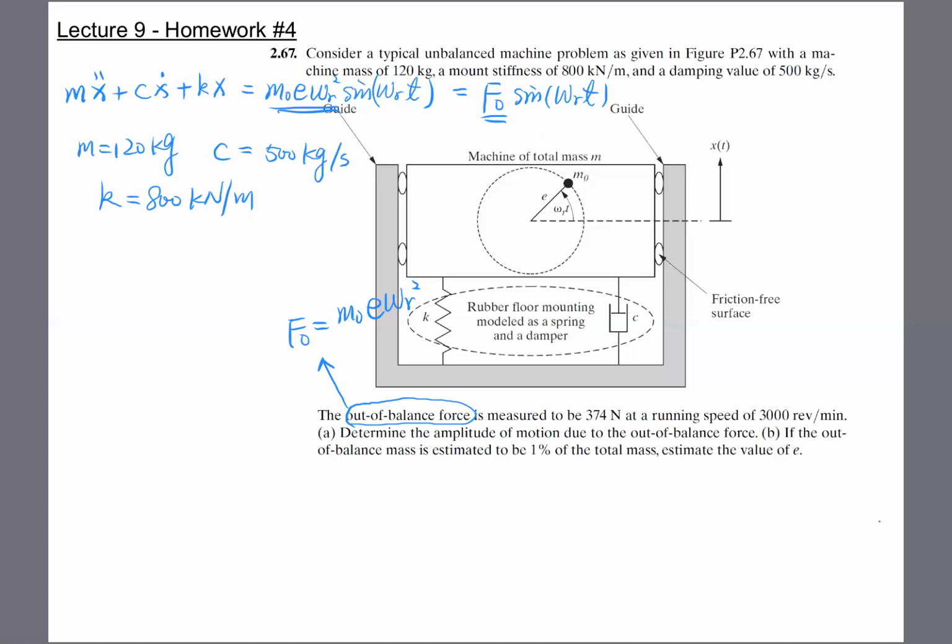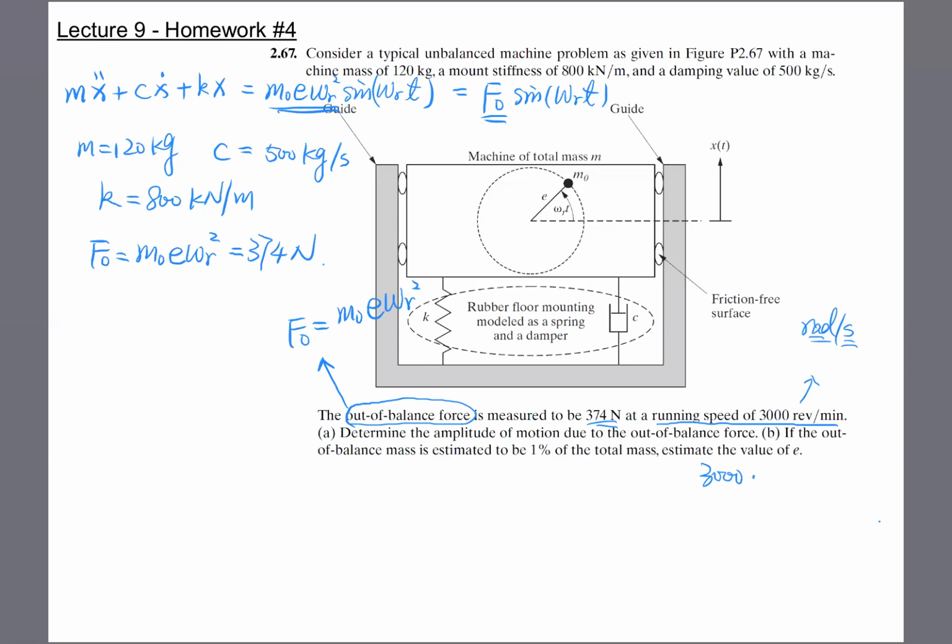Okay, so what else do we need? We know this unbalanced force: F naught equals m naught e omega r squared, equal to 374 newtons. And then we know the running speed is 3,000 revolutions per minute. Again, we need to convert these units to radians per second because that's the standard SI unit.